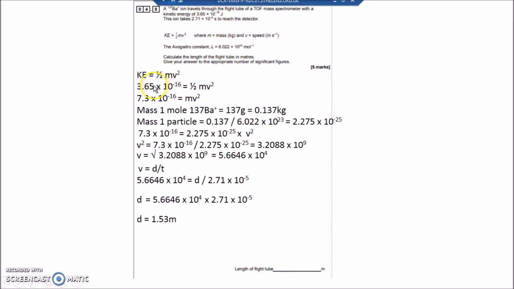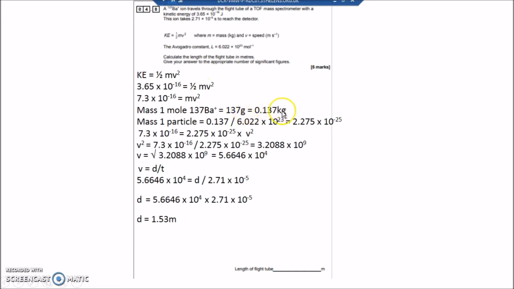So let's have a look then. Kinetic energy equals half mv squared. That's my kinetic energy I've been given, equals half mv squared. Just to simplify, I'm going to multiply everything by 2. So 7.3 times 10 to the minus 16 equals mv squared. The mass of 1 mole of 137 barium is 137 grams. This m value is in kilograms, so I'm going to divide by 1,000.